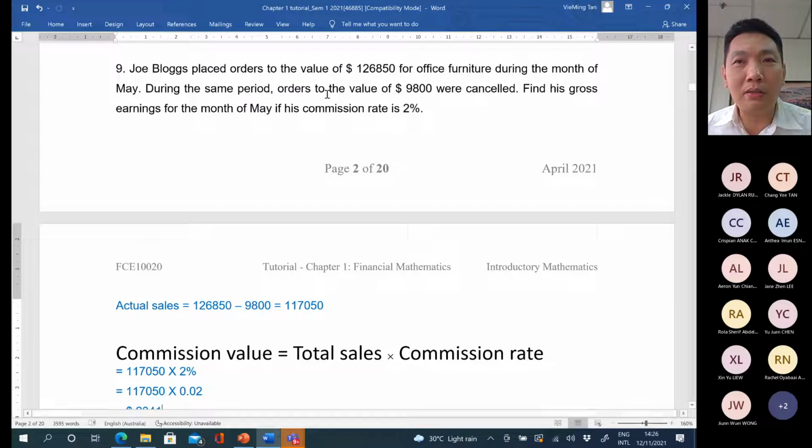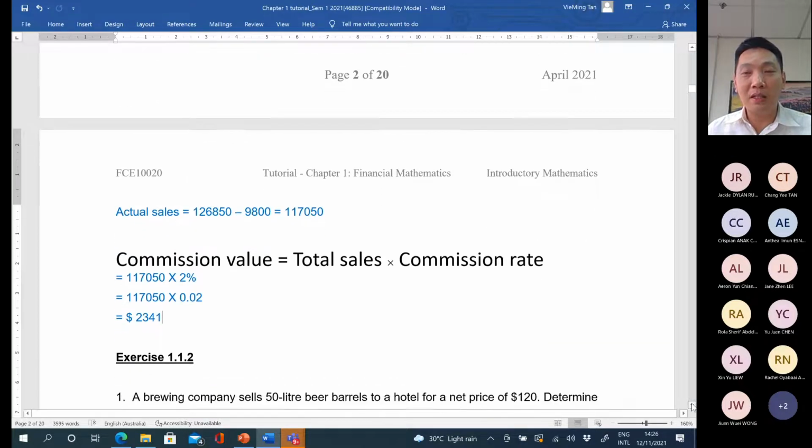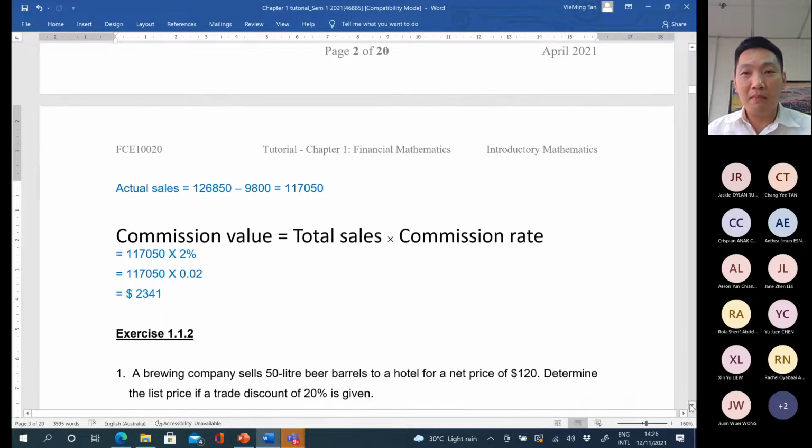It can be considered as sales, but because this was cancelled, the actual sales is only this amount. It is because of some keywords here, the business terms. Sometimes we need to be familiar with all these business terms.